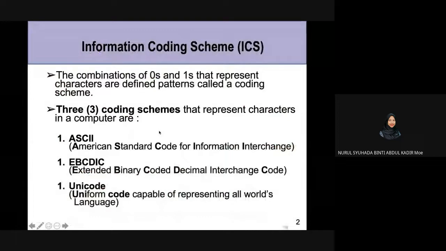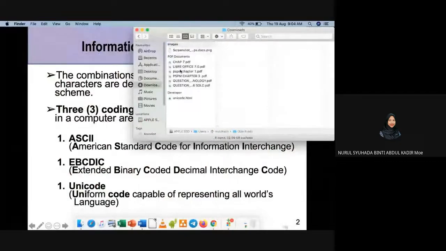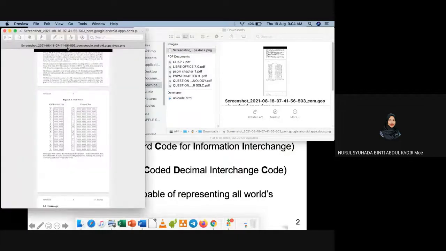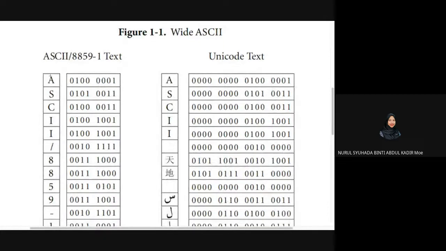Okay, sekejap nak tunjuk gambar. Alright, this one. Okay, if you can see from my screen, this is ASCII. So for example, A, dia punya representation adalah 0100 0001.